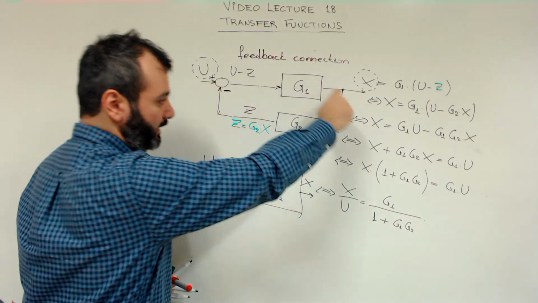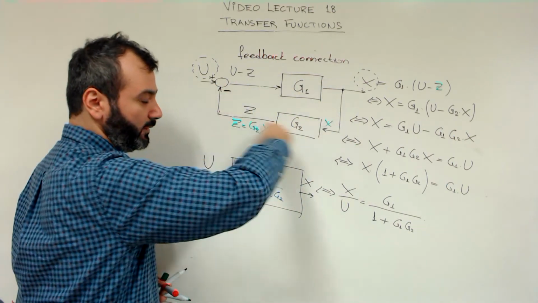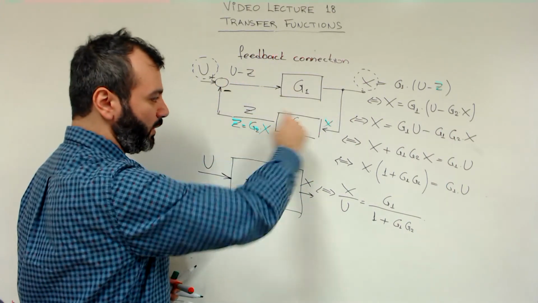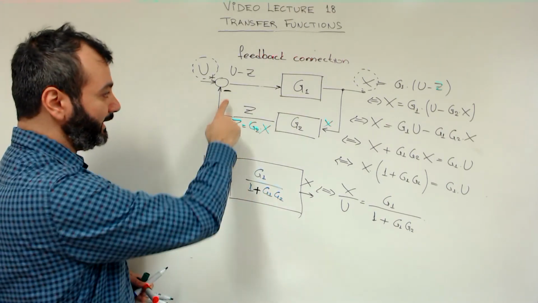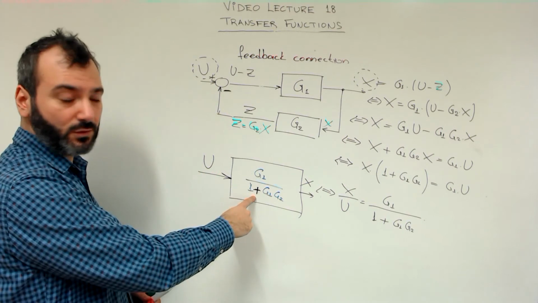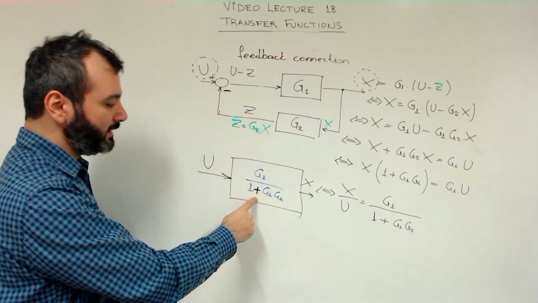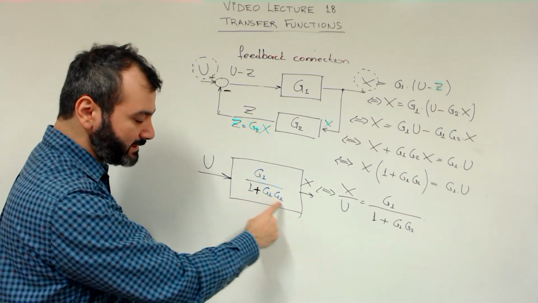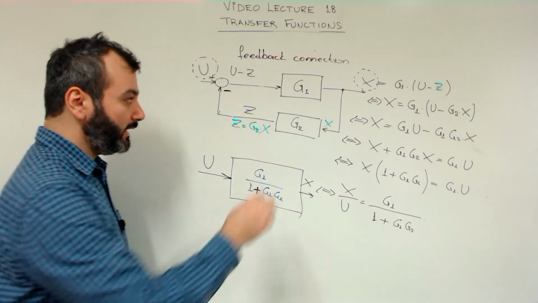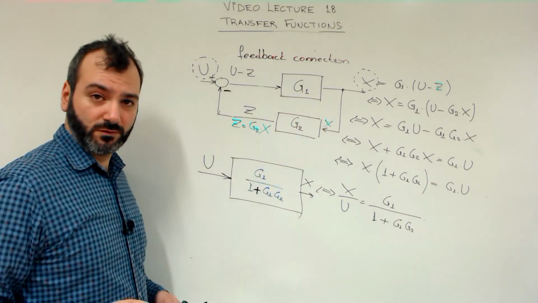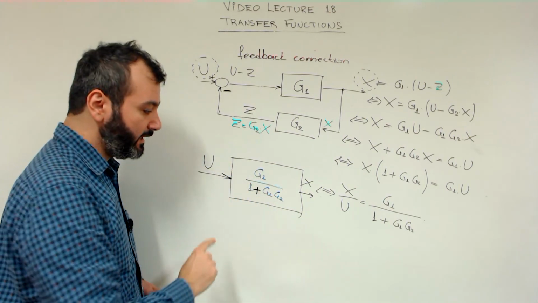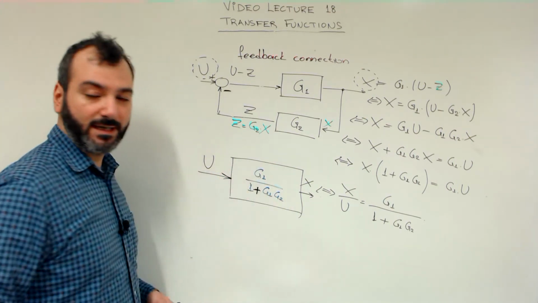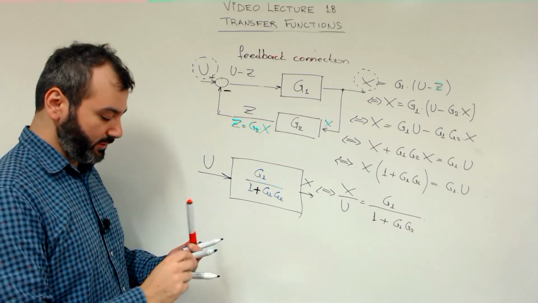Then you notice we have a feedback loop that involves G1, G2, so you write G1 G2. It is the plus sign because we have a minus, this becomes a plus, and it is 1 plus G1 G2. Now if G1 and G2 are rational functions, then naturally this whole thing is again a rational function.